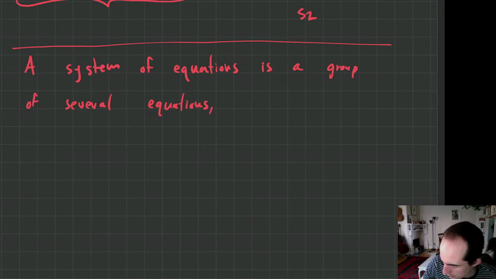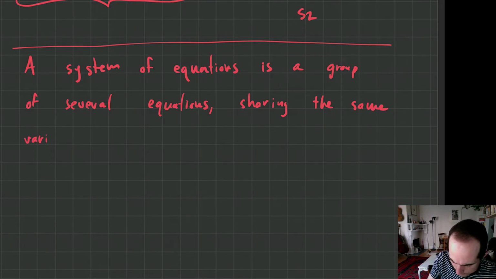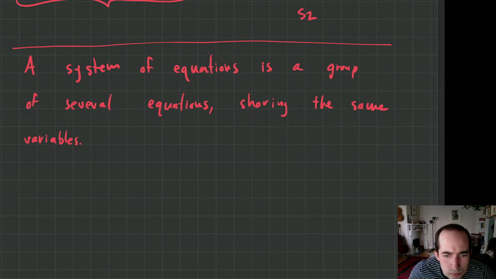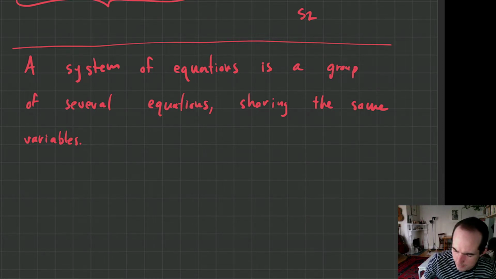And they share the same variables. Okay, so a system of equations is a group of several equations sharing the same variables.